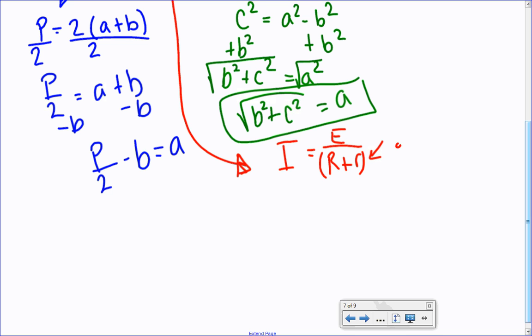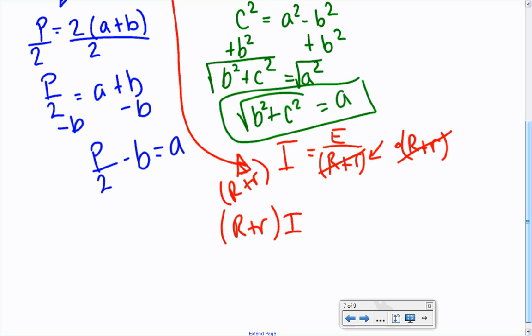Okay, and what that's going to do is it's going to cancel the one on this side, and we're just going to move it over to the other side. Okay, so now we've got R plus r times I is equal to E. So we can divide our I to the other side.